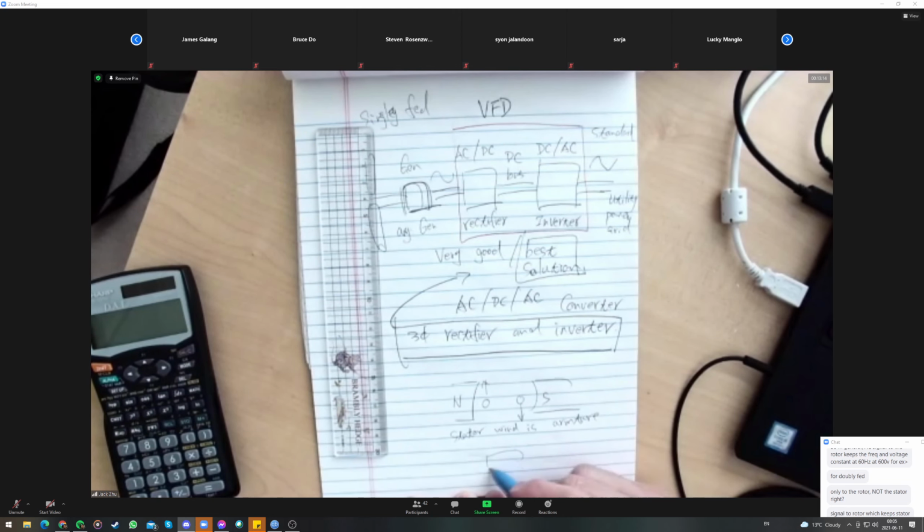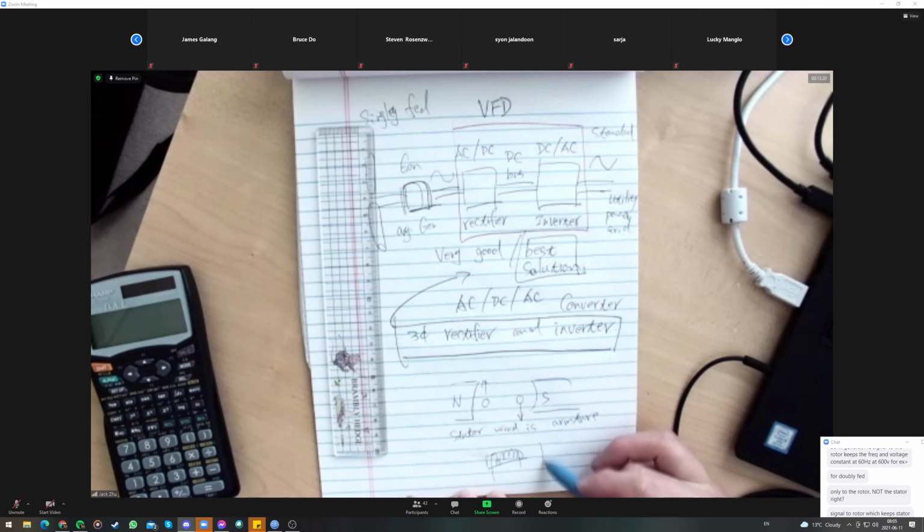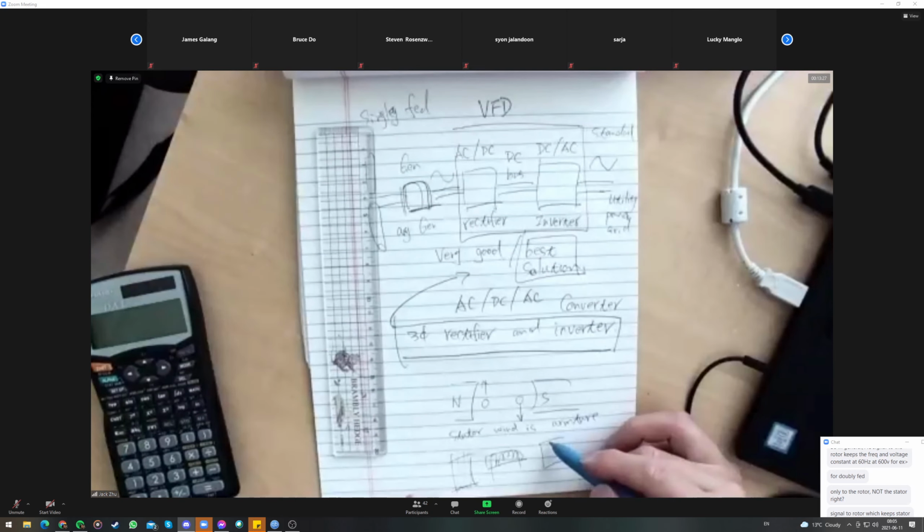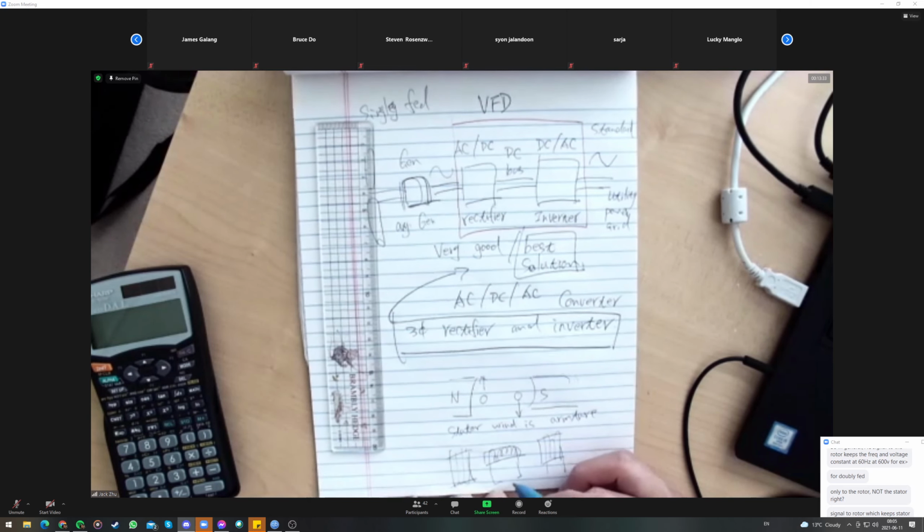Then we have an electrical magnet rotating inside. Here's your stator winding. The stator winding, we have a bunch of coils down here. Then we just use some brushes and commutator.